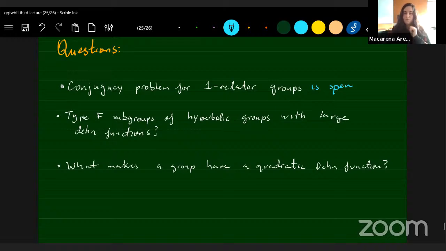But for one-relator groups in general, it's not known if the conjugacy problem is solvable or not. That's one big thing that is open, and it's quite surprising because you would think that one-relator groups are sort of easy, but that's not the case.